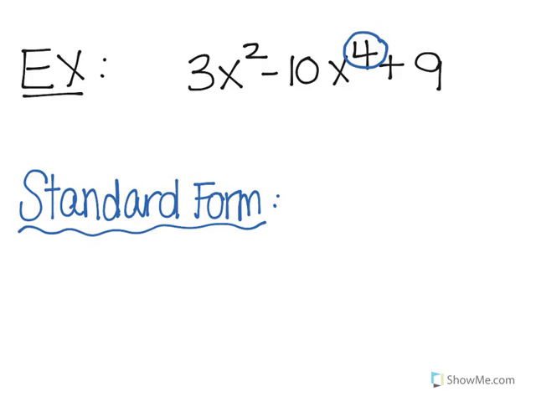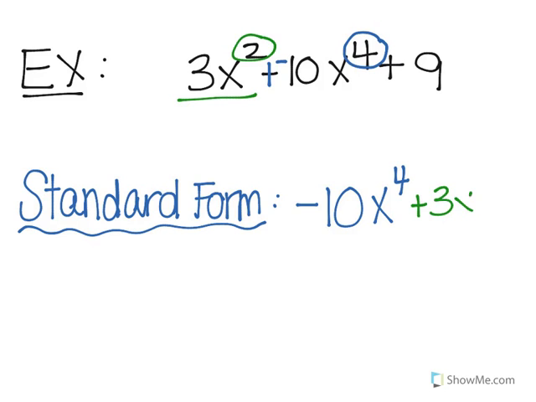And yes, this would technically be plus negative 10, so you're going to start with negative 10x to the fourth. Then the next highest degree would be this 2 right here, so you're going to take this whole term, plus 3x squared, and then your last guy right here, plus 9. And there we go. It's in standard form.